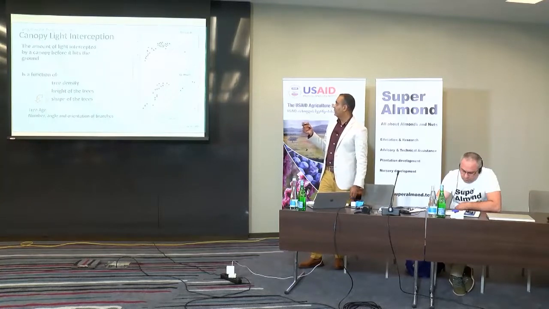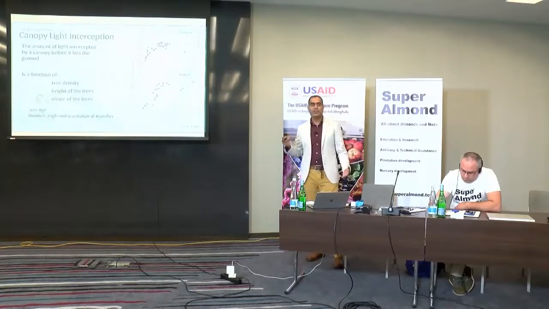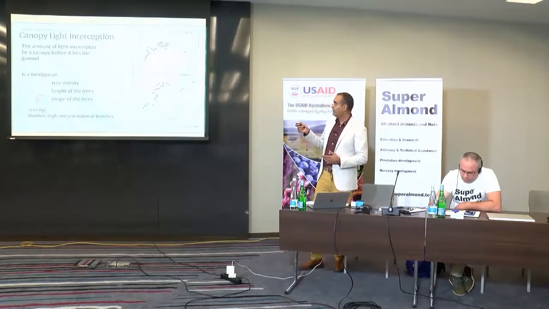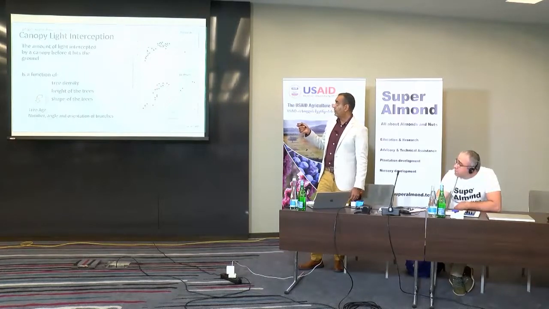In California, the university research shows that roughly the estimated almond orchard age is about 25 years. So it's a kind of bell-shaped curve throughout that period. The canopy light interception grows from lower 20s all the way to 80%, and then it stays there, plateaus there.